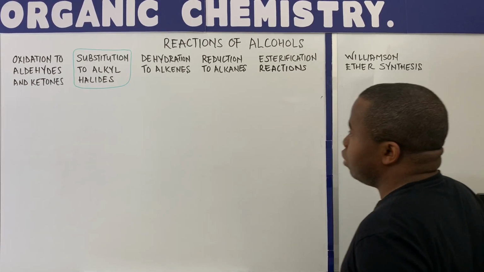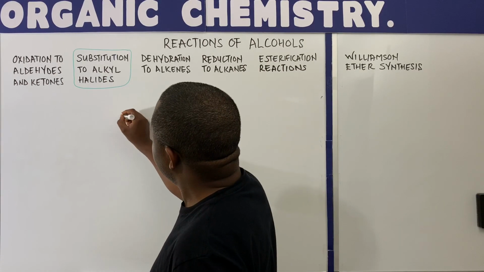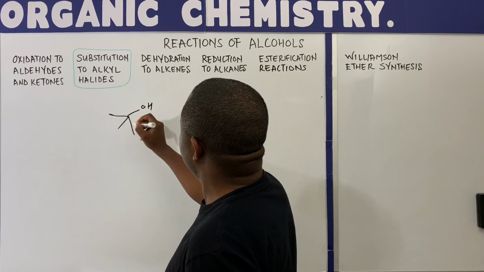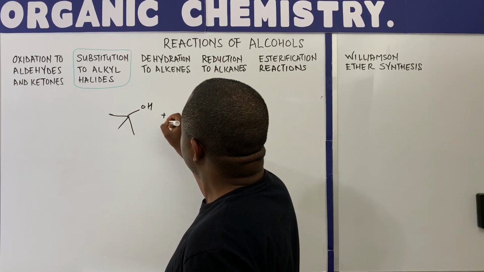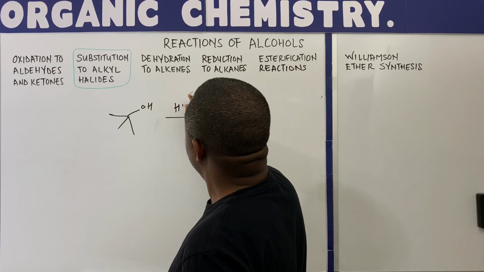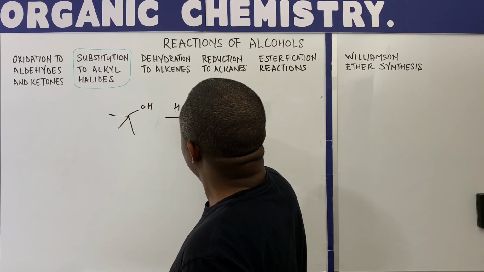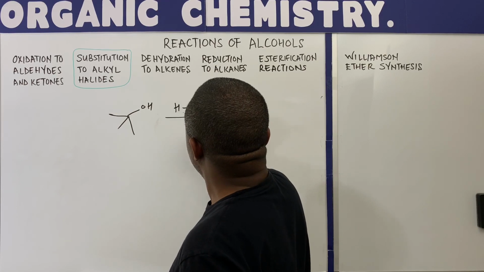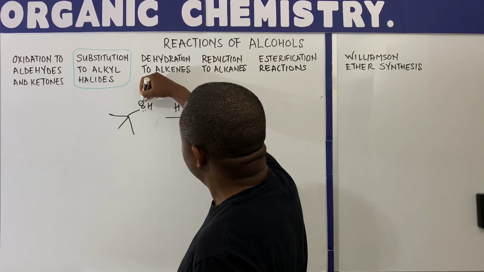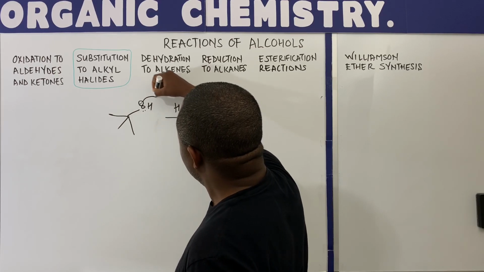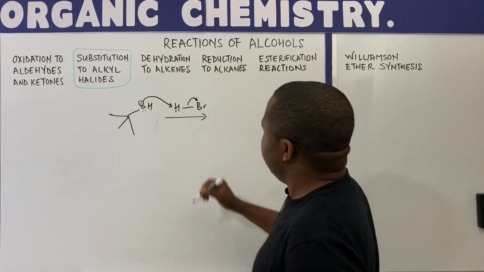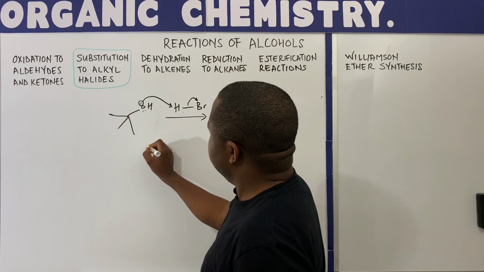Let's quickly look at the mechanism of the reaction. So we have something like this. This is our alcohol, butanol in this case, reacting with HBr. So basically the lone pair of electrons on the oxygen is able to attack this, and this is able to pick the electron to itself, such that we have something like this.